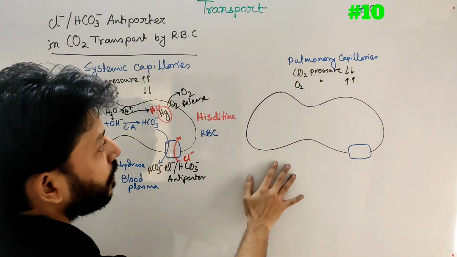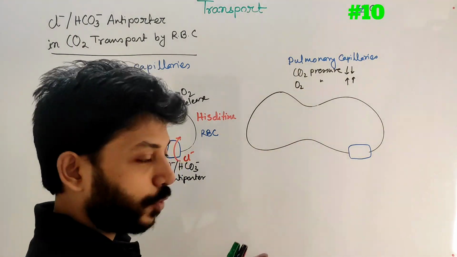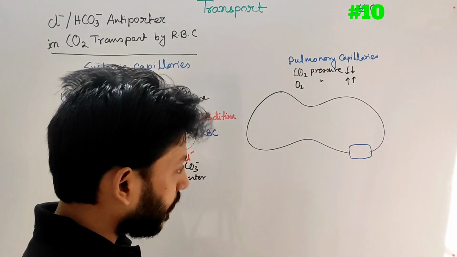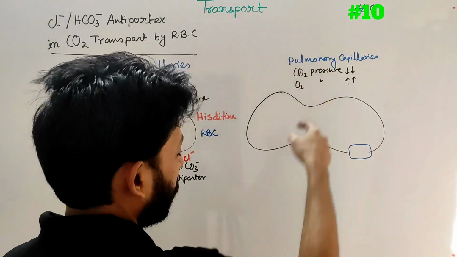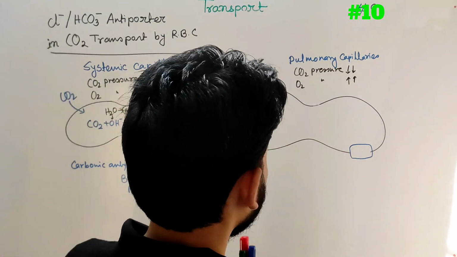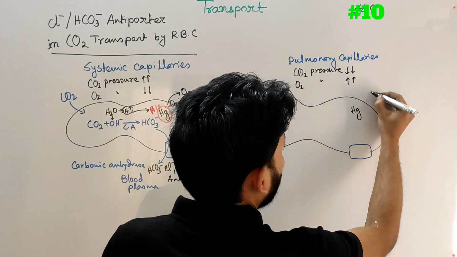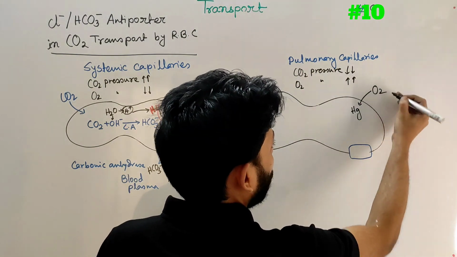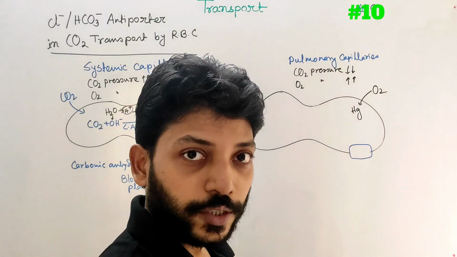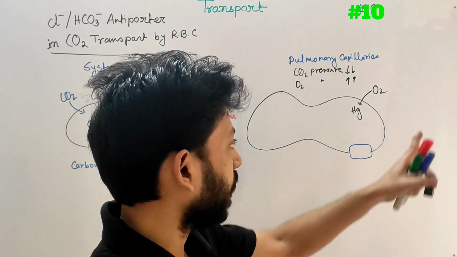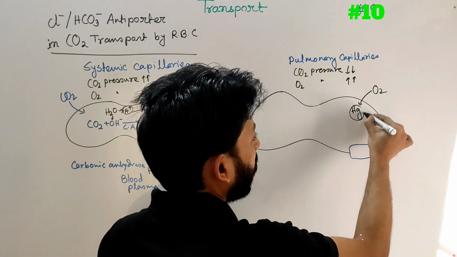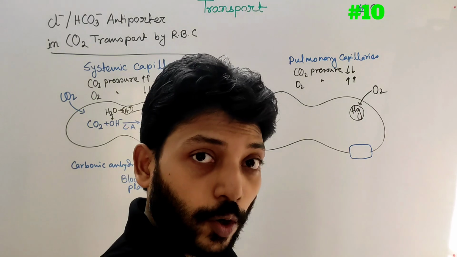Now what happens in the pulmonary capillaries when red blood cells are present? Here, because the oxygen pressure is high, the hemoglobin will receive the oxygen. Oxygen will diffuse by simple diffusion, enters the cell, and hemoglobin binds with these oxygens.